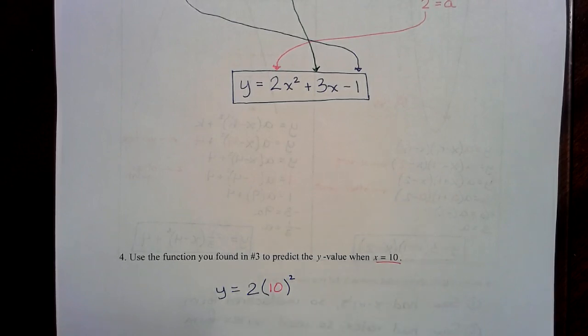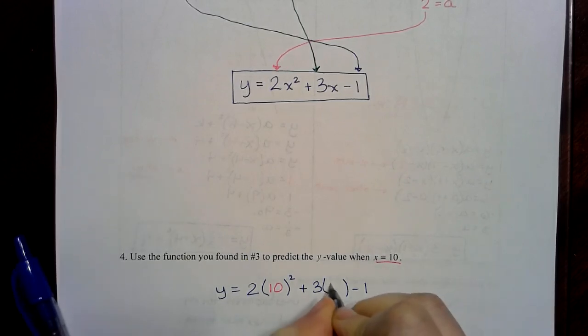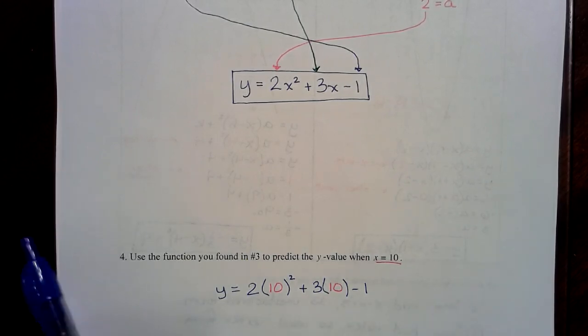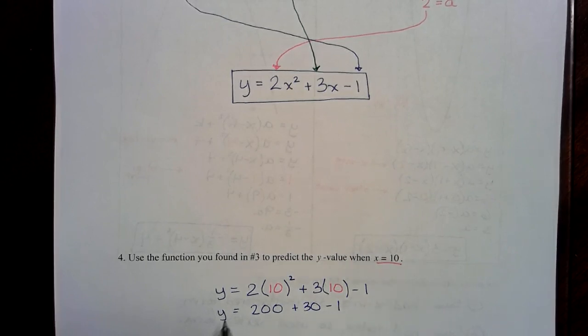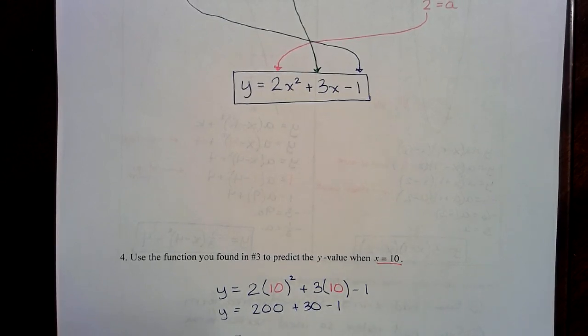So I'm going to plug 10 into my formula. So I find that y is 200 plus 30 minus 1, which is 229.